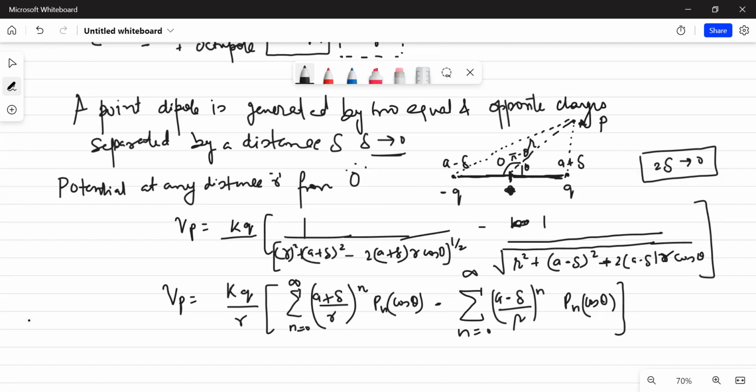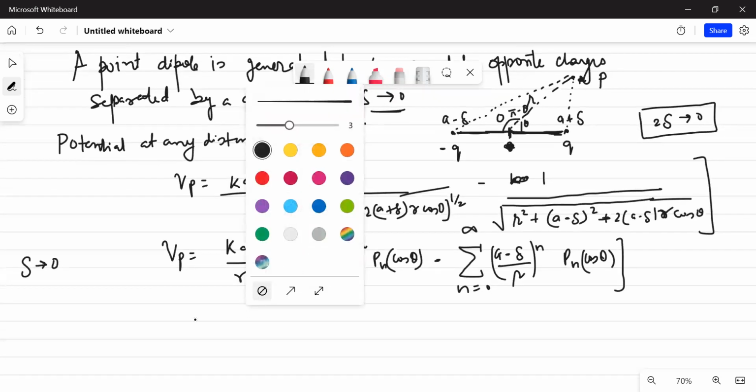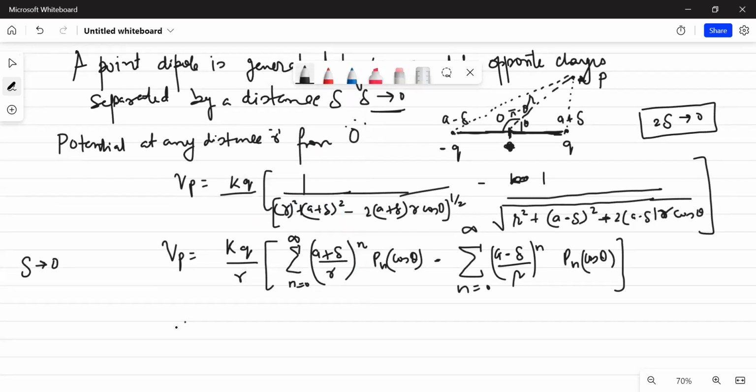Now, in the limit del tends to 0, what you can do, यहाँ तो एक काम करते हैं, what I'll do is, I'll simply take this VP, I'll write KQ upon R here only, and Pn cos theta तो ठीक है. What I'll simply take this A upon R common out.